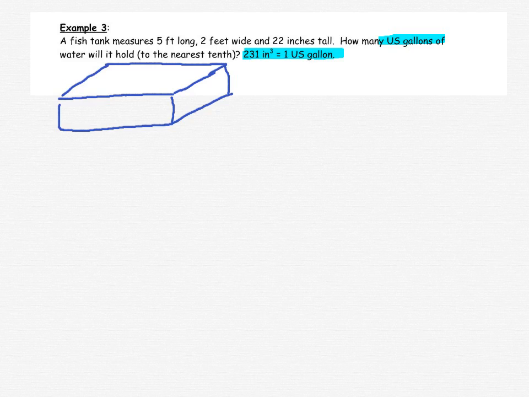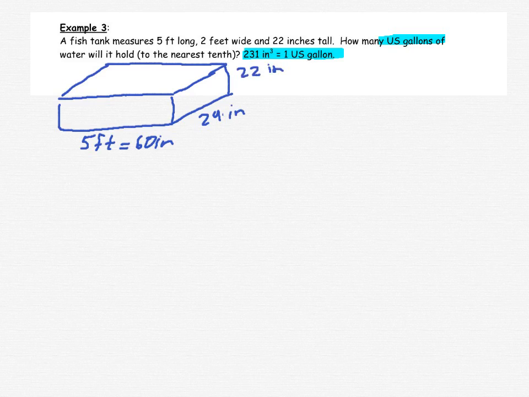So 5 feet, 5 times 12 is 60 inches. 2 feet is 24 inches wide, and 22 inches tall.